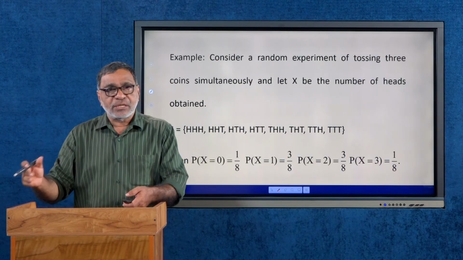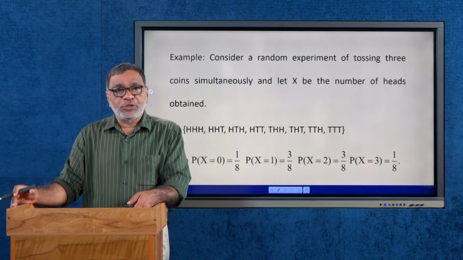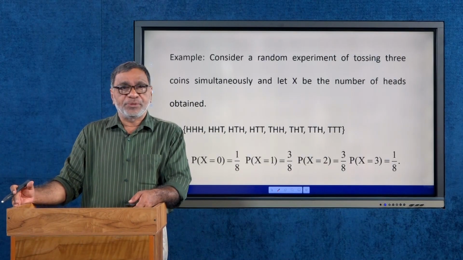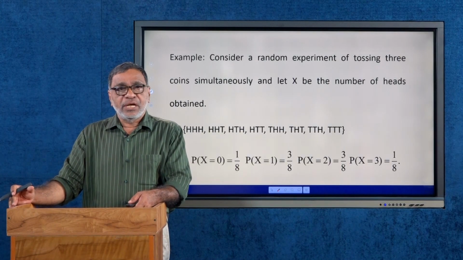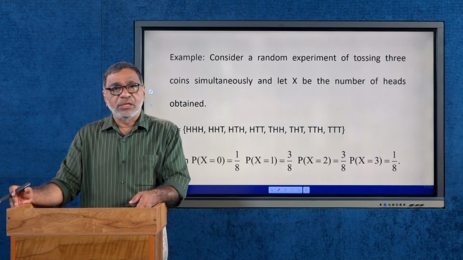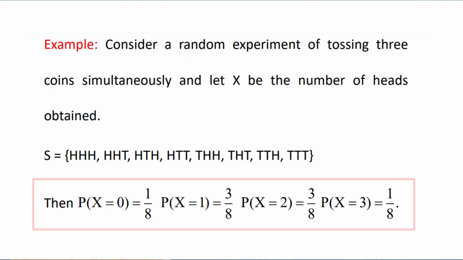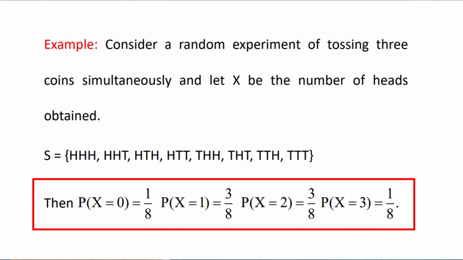The sample space consists of 8 outcomes, and X can have the values 0, 1, 2, 3. The probability of X equal to 0 is 1 by 8, probability of X equal to 1 is 3 by 8, probability of X equal to 2 is 3 by 8, and probability of X equal to 3 is 1 by 8.